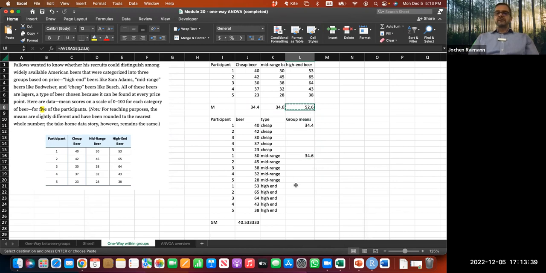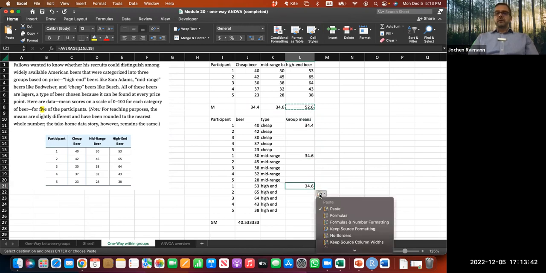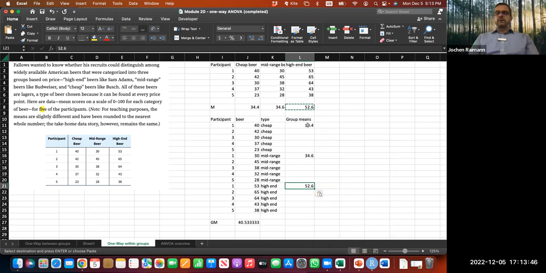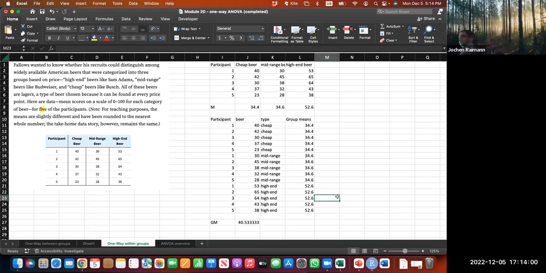It's the same exercise we did last time. That basically gets us the respective mean corresponding with each individual entry. Simple.